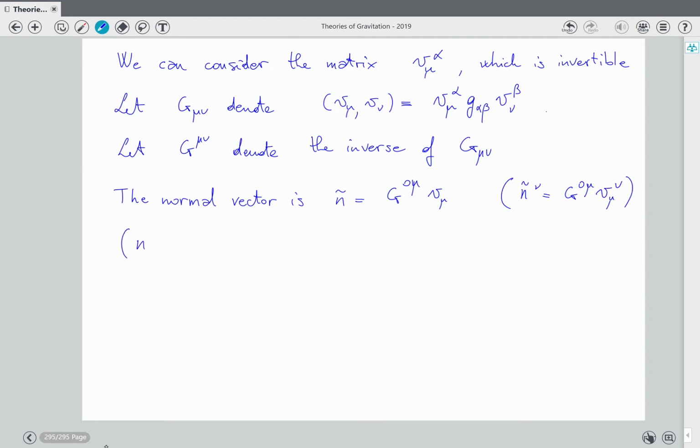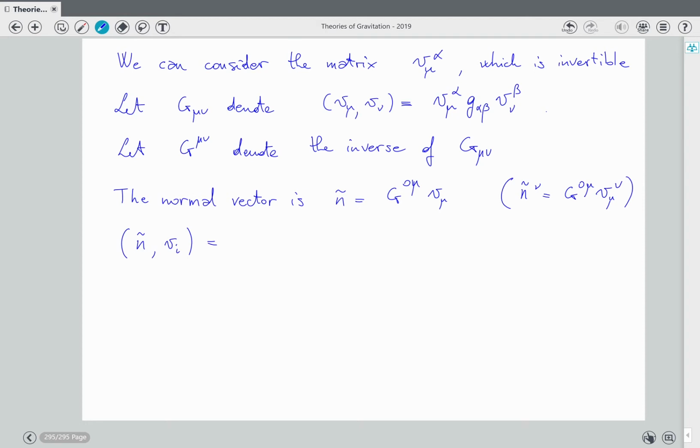First, it is orthogonal to the vectors that are tangent to the manifold, the submanifold, because it has to be normal to the surface, the submanifold, so this should be 0. And then we show that it is unique, n tilde is unique up to a normalization factor that can be a function, of course, because it depends on the point, but it is essentially unique.